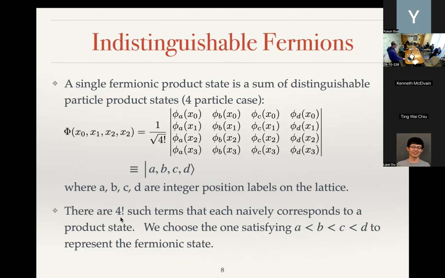And we're going to choose the one where A is less than B is less than C is less than D to represent the anti-symmetric state. And we're going to trash can the rest with a penalty.